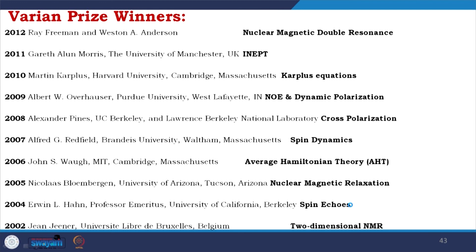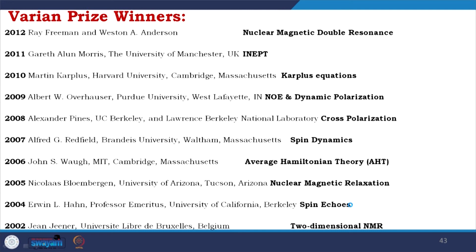2008, Alexander Pines from UC Berkeley and Lawrence Berkeley National Laboratory for cross polarization. Albert Overhauser from Purdue University for NOE and dynamic polarization. Martin Karplus from Harvard University for the Karplus equation.